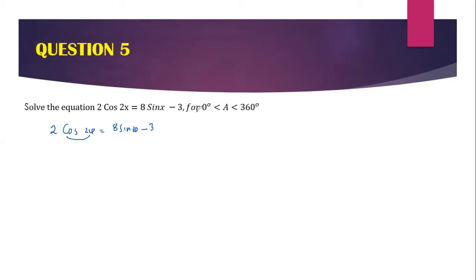Okay, we have three formulas, right? Cosine 2x equals cosine square x minus sine square x, and 1 minus 2 sine square x, and 2 cosine square x minus 1. With respect to sine x here.